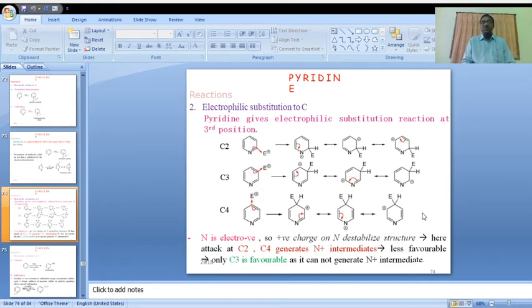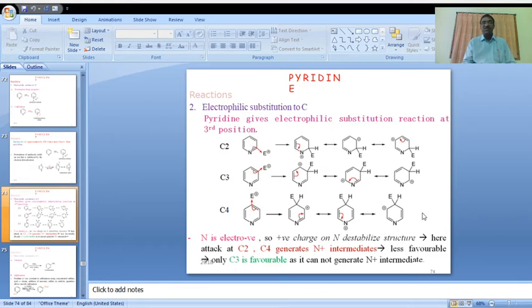In those structures, on the heteroatom, there may be a positive charge. That type of structure may be a destabilized structure.